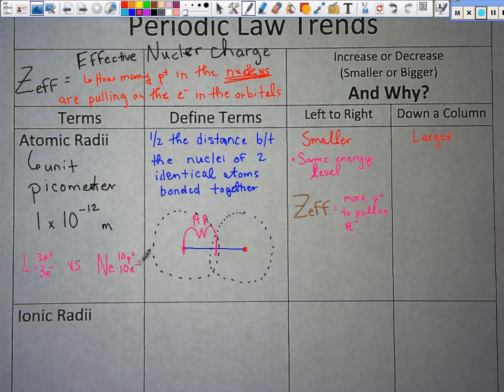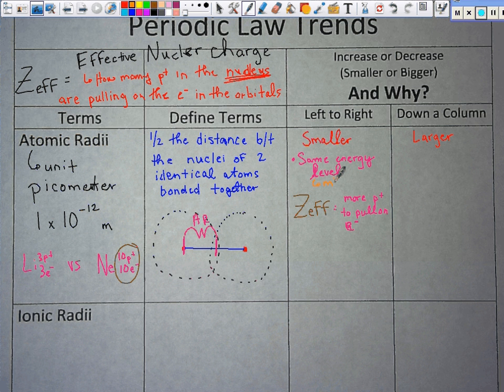Well, if you've got 3 pulling on something, or you've got 10 pulling on something, what's going to win? Well, naturally, you should understand that 10 is going to be a lot stronger than 3, as long as the sizes are the same. And the sizes are the same. So what you could actually come in here and put is the same energy level means the same size. Let me change that color to black so you can read it. Means same size.